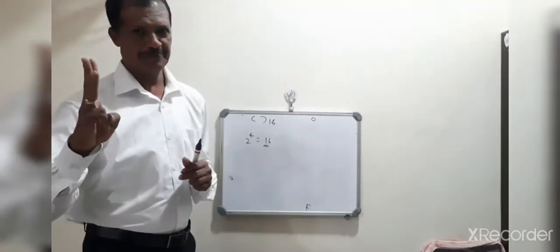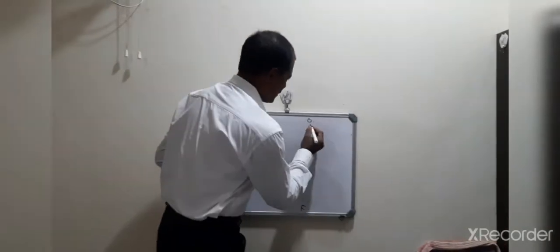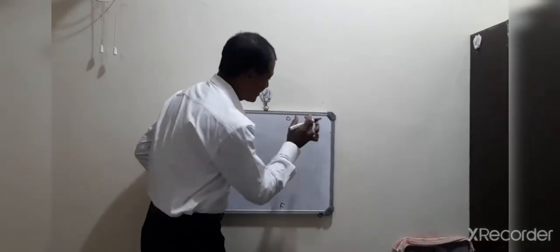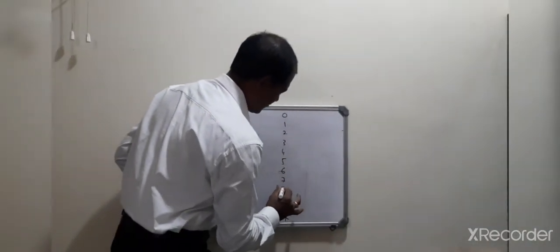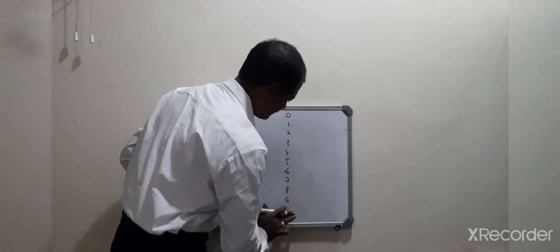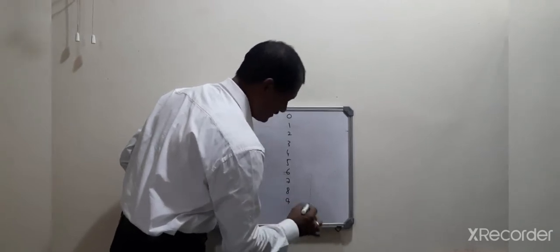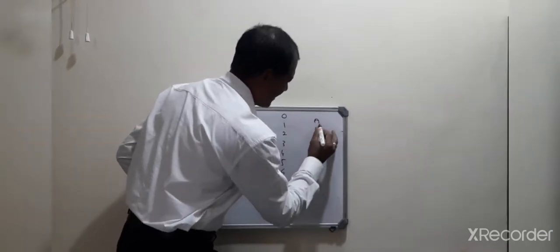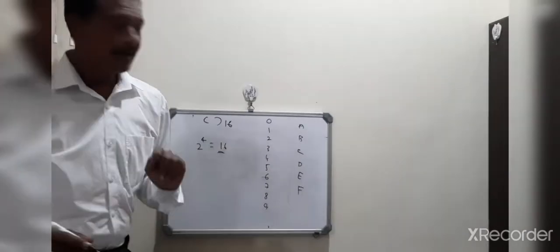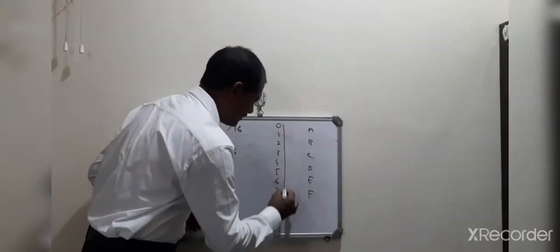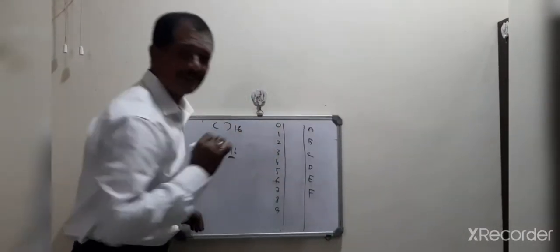So now I am going to write the hexadecimal numbers first, and for them the equivalent binary numbers. Hexadecimal numbers 0, 1, 2, 3, 4, 5, 6, 7, 8, 9. After 9, there is A, B, C, D, E, F. So these are the hexadecimal numbers. For these, write the equivalent binary numbers.